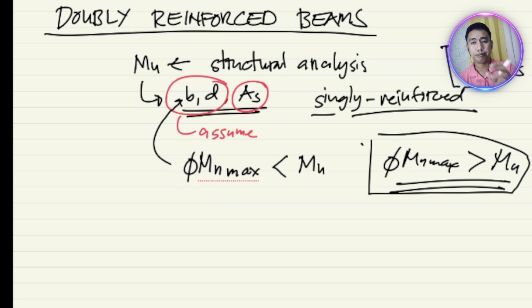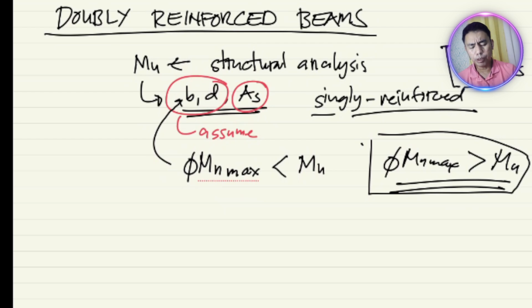So anong mangyari dyan? Kung limited na yung section mo, may limited na B at saka limited na depth D, then compute mo yung maximum capacity ng section, it turns out na nag-fail siya. I mean, hindi kaya ng maximum moment. You can go back to the architect and say, architect, can we adjust the section?